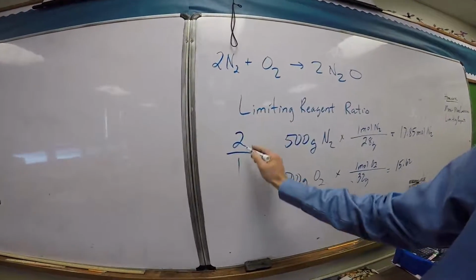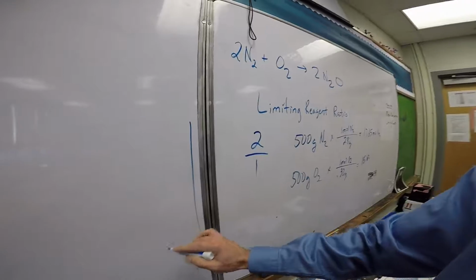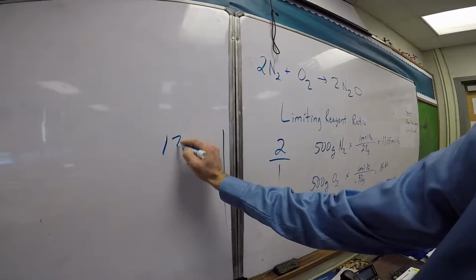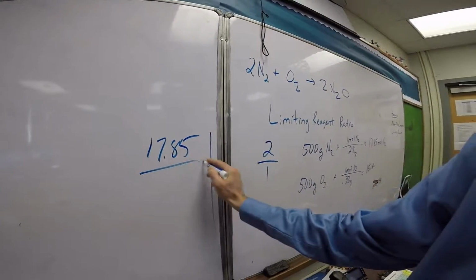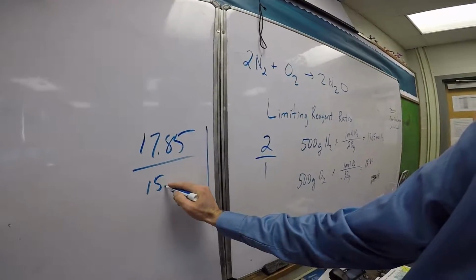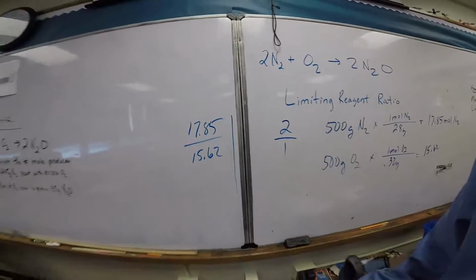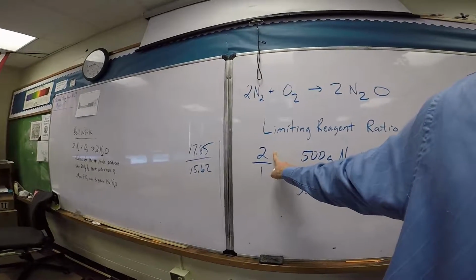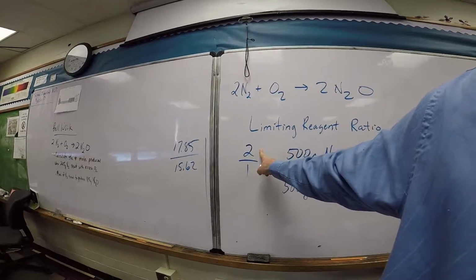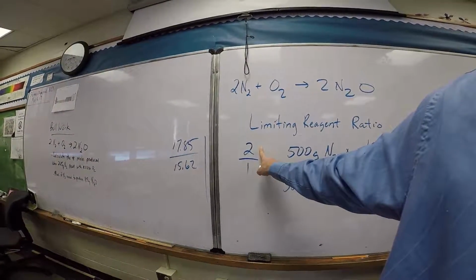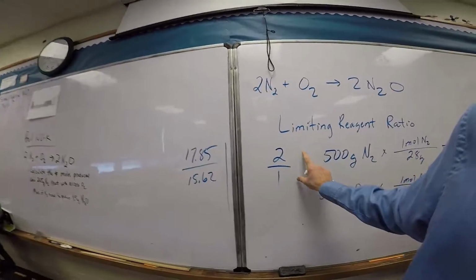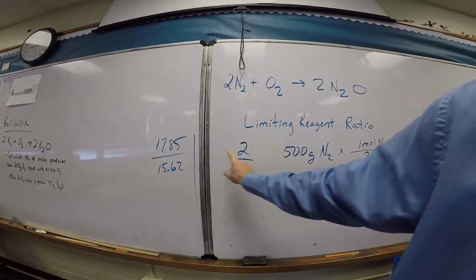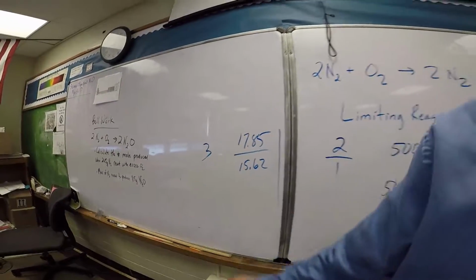All right, so I'm going to come back over here now, and I'm comparing N2. This is our ratio here, a 2-to-1 ratio. I'm going to do it on this side. So we have 17.85 divided by 15.62. Now, if the number is greater than 2, which one is excess? Like if over here, this is the standard 2-to-1. So if this answer over here is 3, which one is excess?